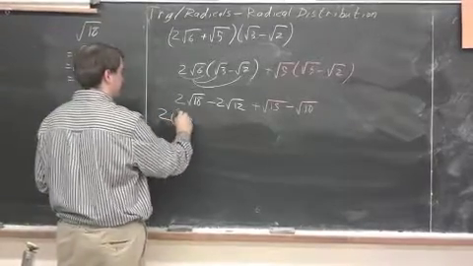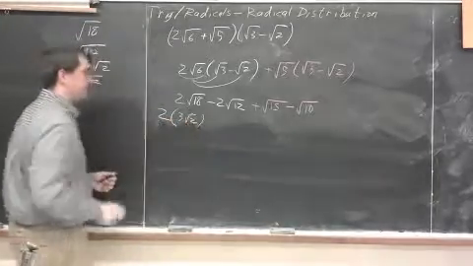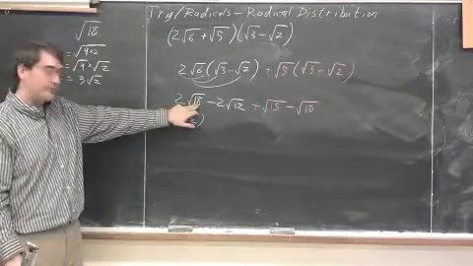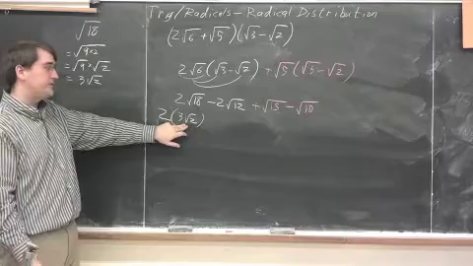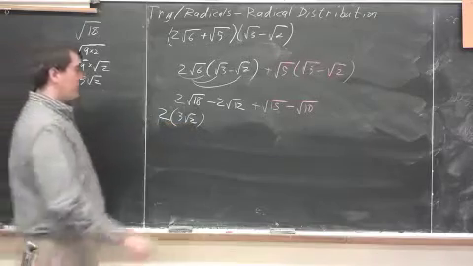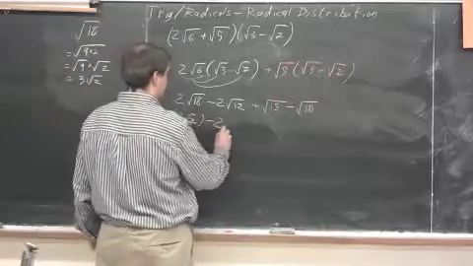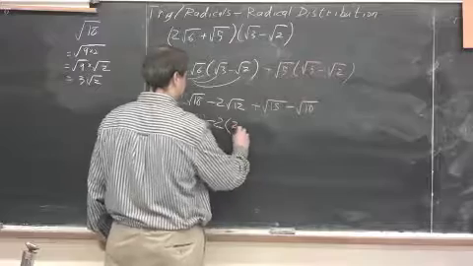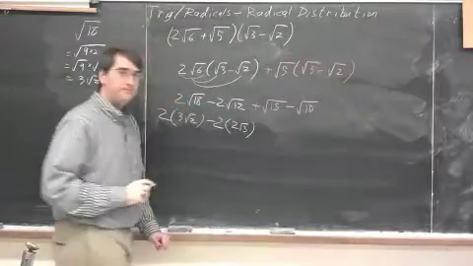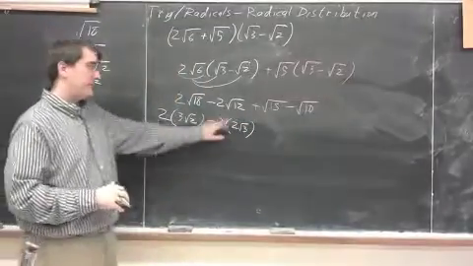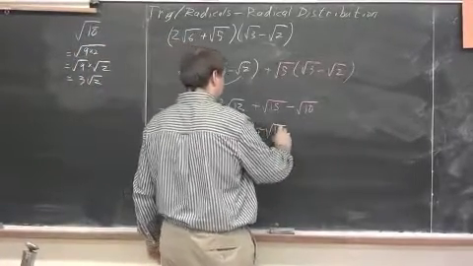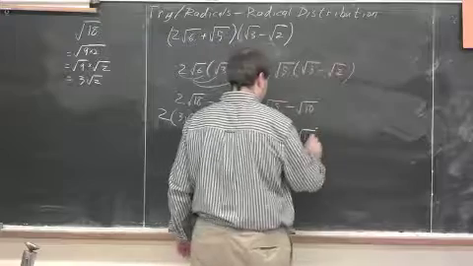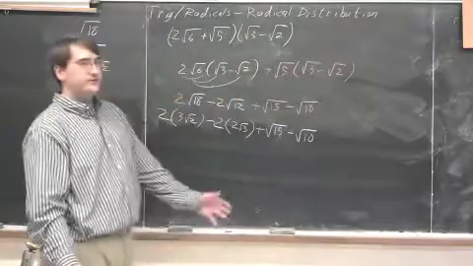So 2 times 3 root 2. The square root of 18 simplifies to 3 root 2. Minus 2 times 2 root 3. I'll leave that simplifying as an exercise for you. Suffice it to say, square root of 15, square root of 10, they don't simplify.